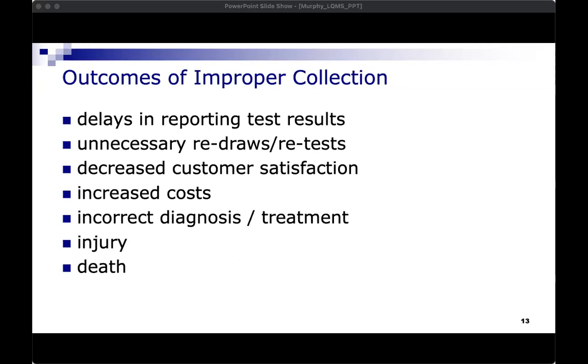So there are so many downstream effects of improper collection. And this goes back to how the majority of errors happen in the pre-analytical phase, right? These are all things that happen in the pre-analytical phase that really need a lot of attention to make sure that we're catching those mistakes, or that we can prevent the mistakes from happening in the first place.